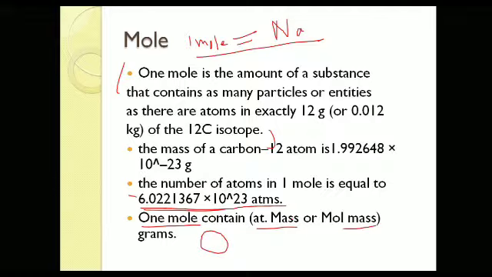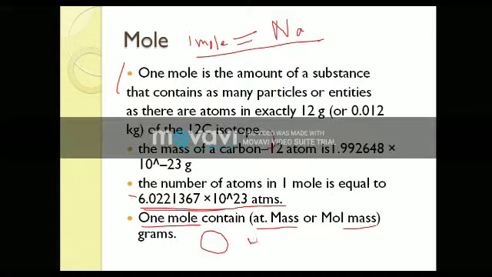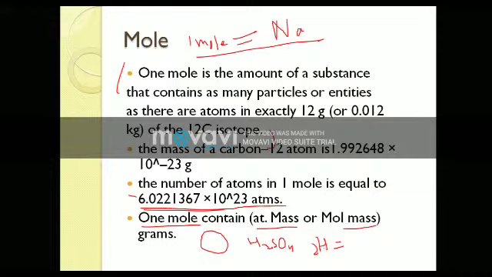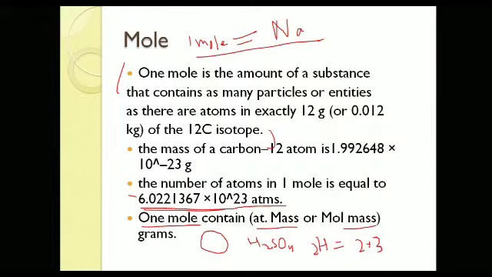So how will you calculate molecular mass? Suppose I have H2SO4, so what is its molecular mass? Molecular mass is the sum of all these atomic masses. How many hydrogens are present? 2 hydrogens, and 1 hydrogen has atomic mass 1, so it becomes 2. Plus sulfur has atomic mass 32.